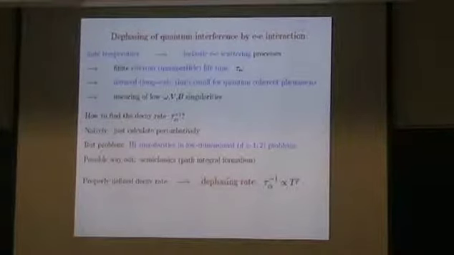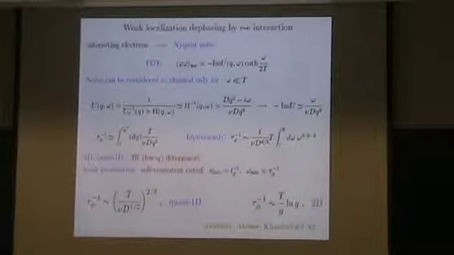More or less, what happens is that these infrared divergences are cut off self-consistently by the time tau phi itself, but one can do it more accurately, and that was done in a famous paper by Aleiner and Altshuler in 82.